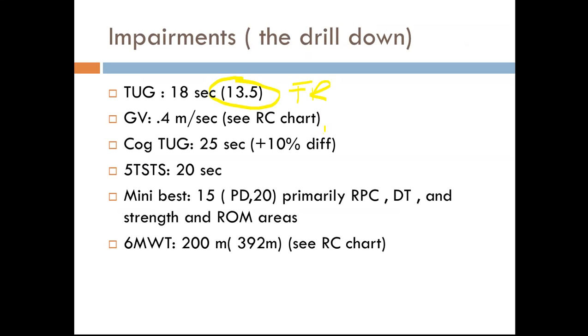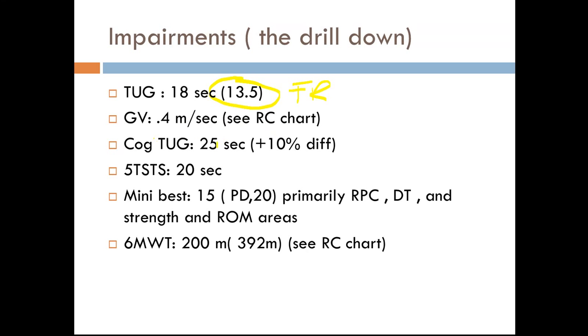Because she's walking slower than the 13.5. I do a gait velocity measurement on her, and she's at 0.4 meters per second. Well, remember that chart I showed you on Rehab Central, 0.4 meters per second? We'll talk about that in a couple of slides. But you remember that's not a good category to be in. That's like a danger Will Robinson category. We need to really focus on trying to speed her up.